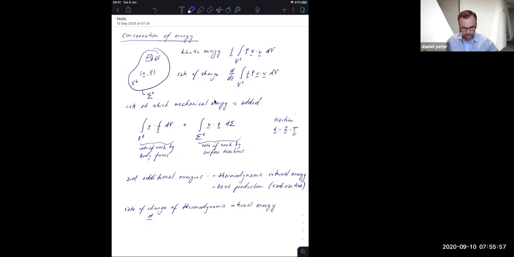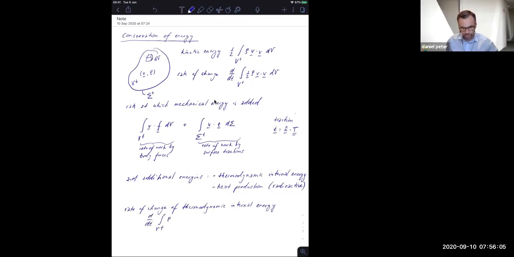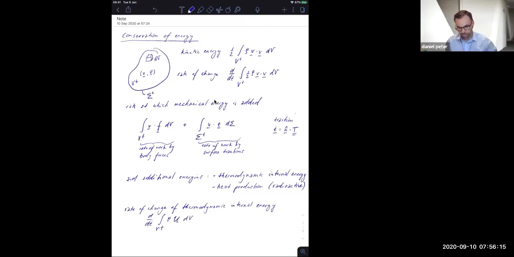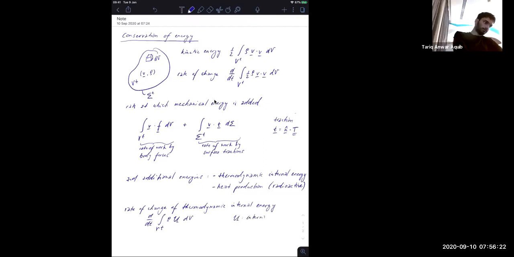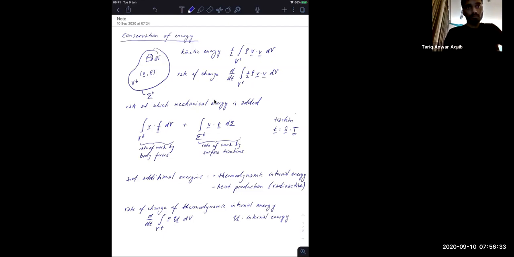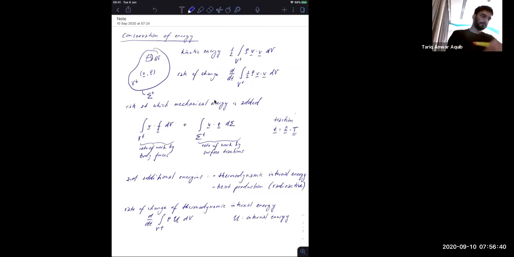We write this as d/dt of the volume integral of rho U dV, where for internal energy we just use a capital U. And you see we write it inside this volume integral, so it's basically internal energy per unit mass.